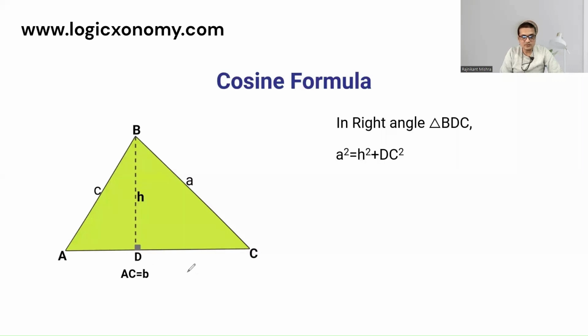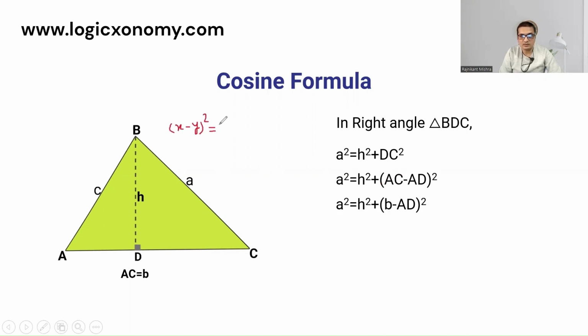Here this DC is equal to AC minus AD. Put AC minus AD in place of DC. Here this AC is equal to b. Now use this formula, (x minus y) square is equal to x square plus y square minus 2xy.